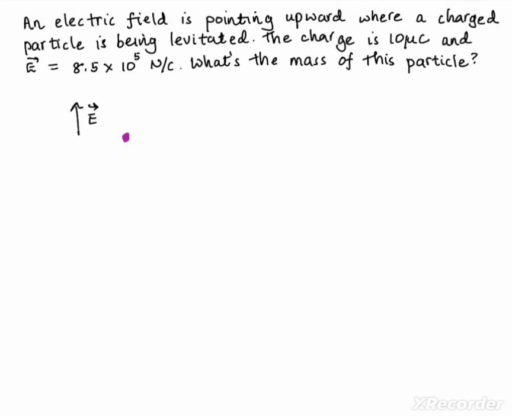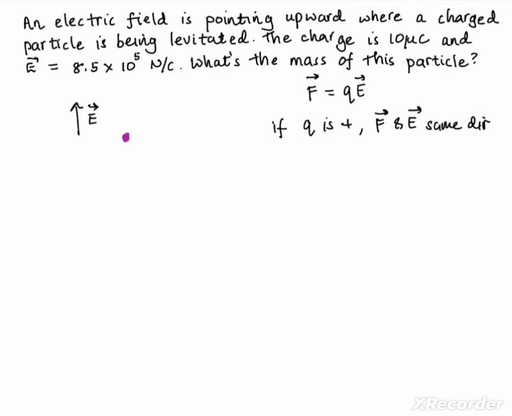So things to think about: what are the forces on this particle? Remember that we have F equals QE, where F and E are vectors. What this means is that if Q is positive, then F and E are in the same direction.